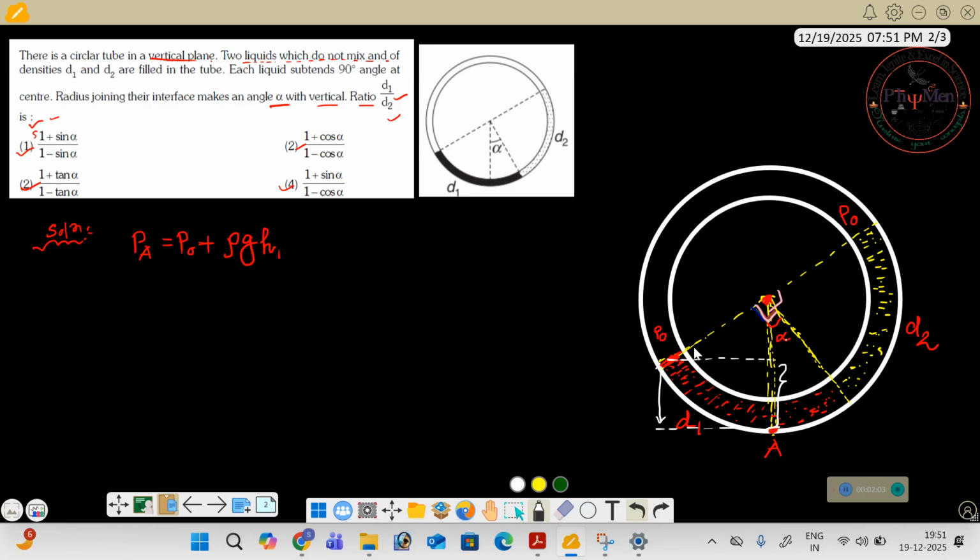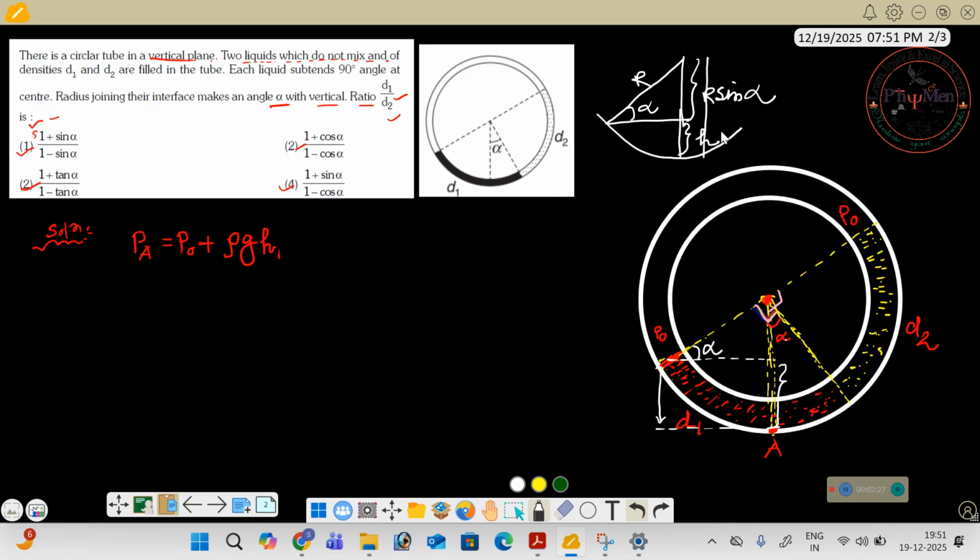Since this angle is alpha, this angle is also alpha. So if we see, this angle is alpha, this is R. The configuration is something like this. So this will be your R sine alpha. Okay, so this is the required height.